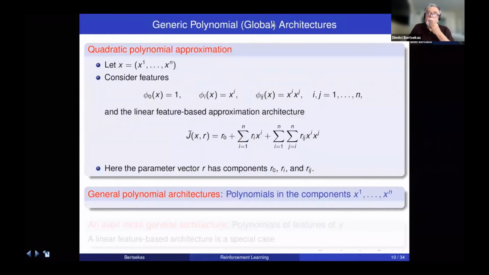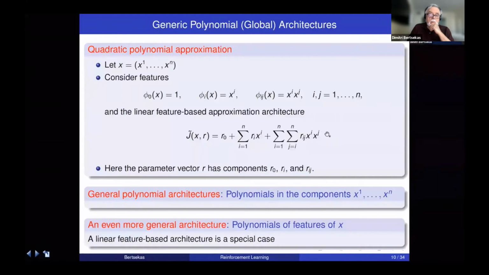Both of these are global architectures because if I change a single parameter, then this is going to affect every state. It's going to affect the approximation of every state because it weighs directly the states over the entire space. An even more general architecture: instead of having polynomials of state components, quadratic or higher order, we have polynomials of feature vectors of x.